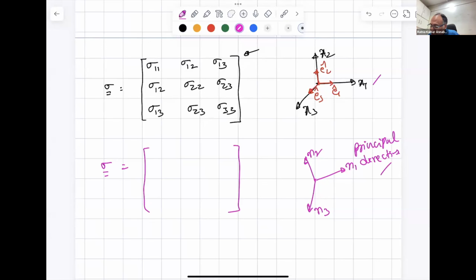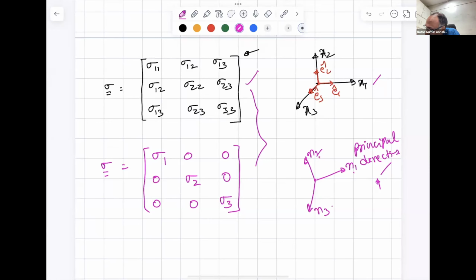If I choose my stress tensor to be written in this frame of reference, what will change? The elements in the tensor will change. What will be the elements? Because they are all principal directions, will you have shear stresses? No, sir. So I can right away write all the shear components to be 0. I will only have the normal components, that is sigma 1, sigma 2, sigma 3. So if you look at these two, this is the same state of stress.